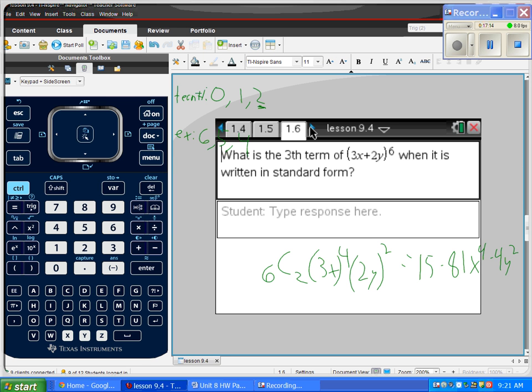So if I clean this up a little bit for notation, I would have to multiply all my coefficients, right? 15 times 81 times 4 is what? Yep. x to the 4th, y squared. That's our third term of that written in standard form.